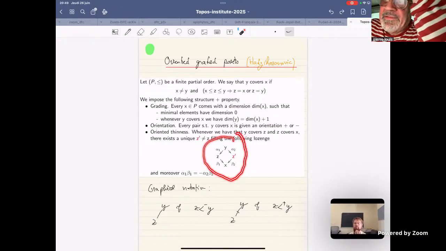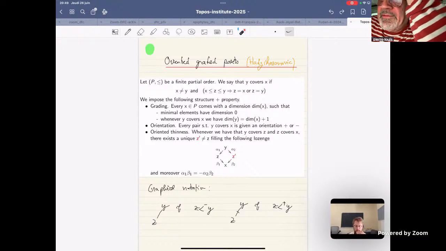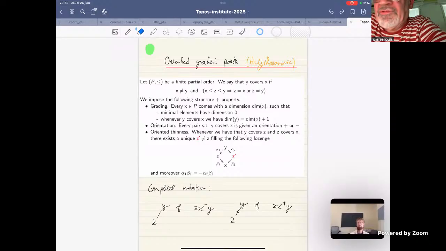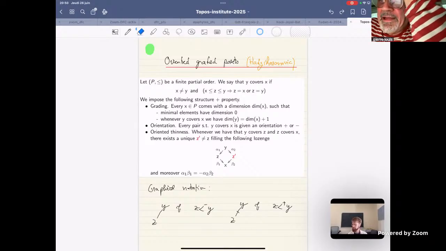This property says that whenever you have x, y, z in this situation here, so x, z and y are subfaces of each other, well, immediately subfaces, then it's always possible to fill this lozenge in a unique way with z prime. So there's a kind of mate to this chain here, with a nice property that the signs alpha 1, beta 1, so the plus and minus, are in this relation.